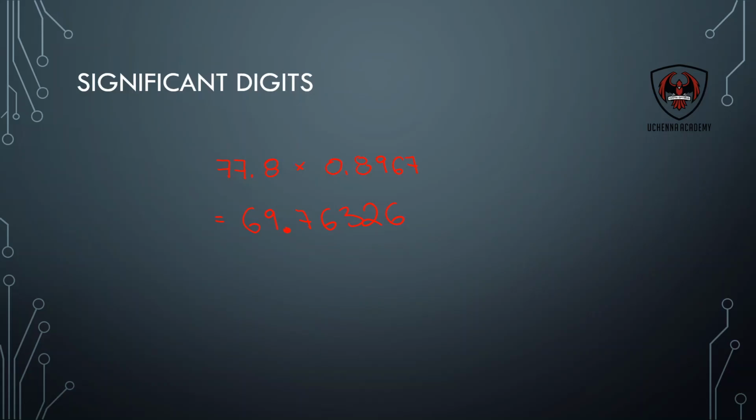When you're doing mathematics, the rounding rule is round to the same number of significant digits, number of sig figs, as the measurement with the fewest significant digits.